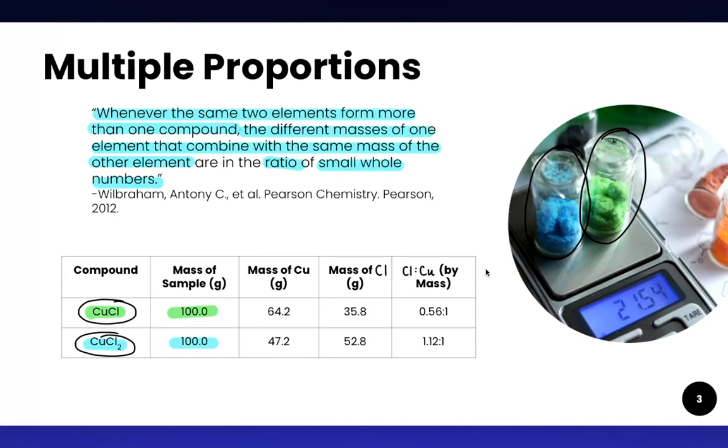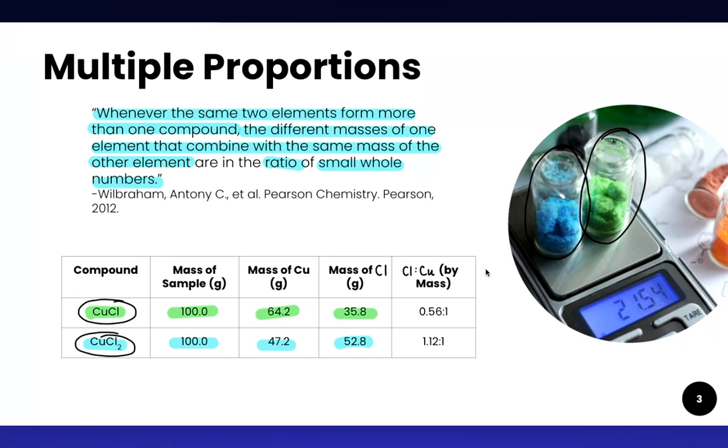So the mass of copper in copper 1 chloride was 64.2, and the mass of copper in copper 2 chloride was 47.2. The mass of chlorine in copper 1 chloride ended up being 35.8 grams, and the mass of chlorine in copper 2 chloride ended up being 52.8 grams. So something to notice right here is in copper 1 chloride, there's more copper by mass than there is chlorine. And in copper 2 chloride, the chlorine has a larger mass than the copper does.